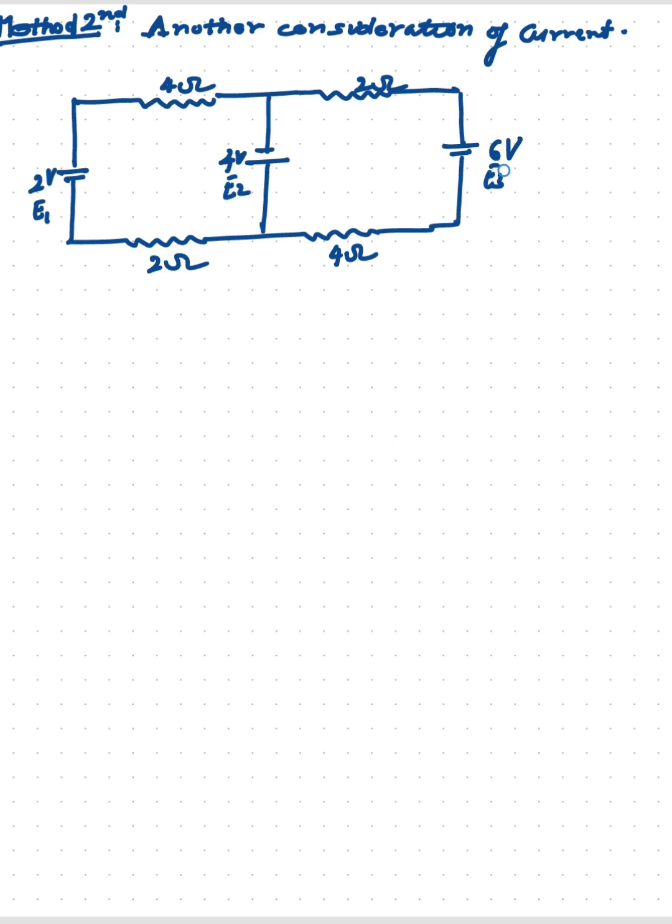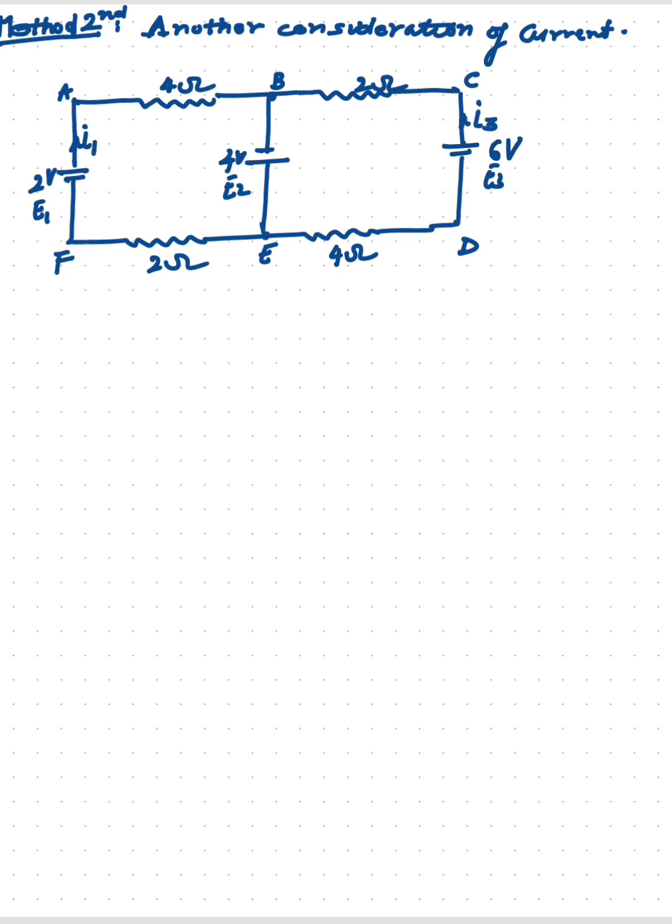This time I am assuming that the I1 current is flowing from battery E1. Give the names A, B, C, D, E, and F. B and E are the junctions. And from E3, suppose the I3 current is flowing.